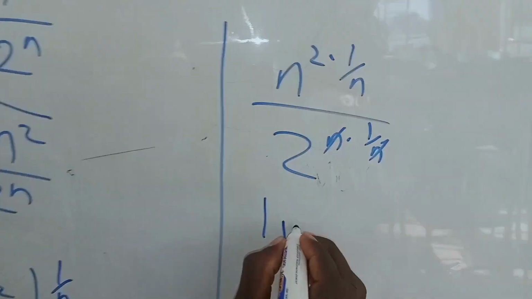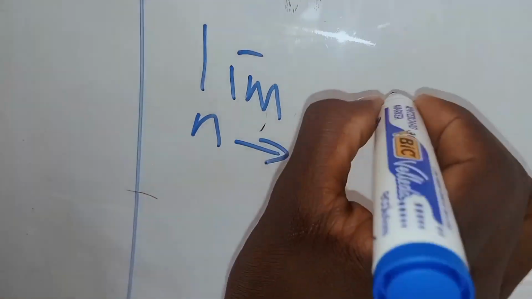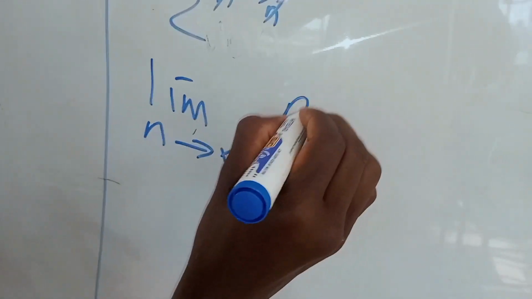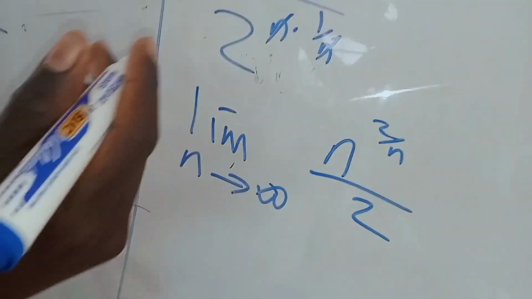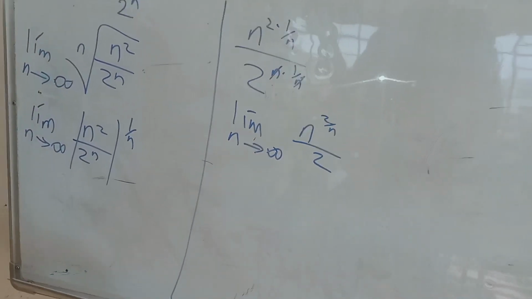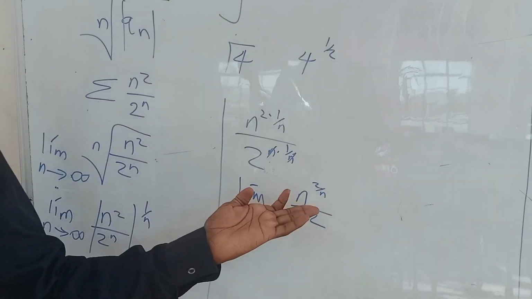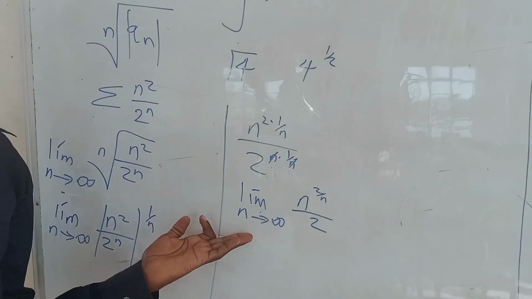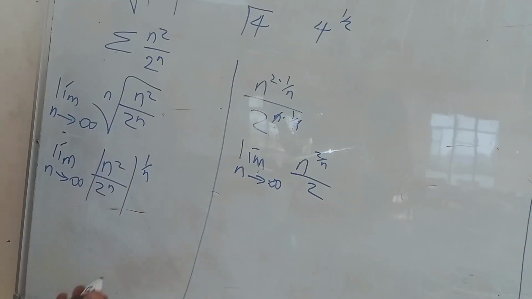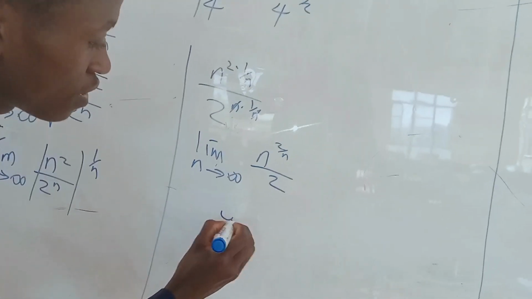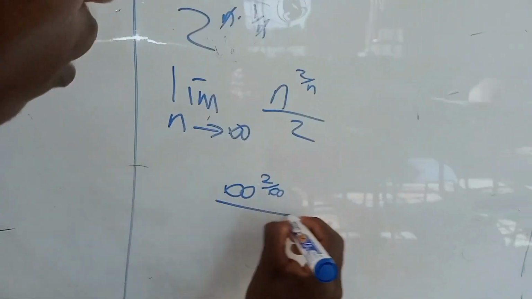So what are we getting? When you reach this point, remember we are saying as n approaches infinity, so whenever you have n, you replace it with infinity.